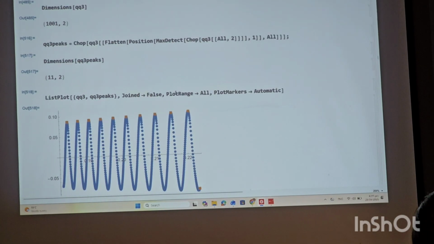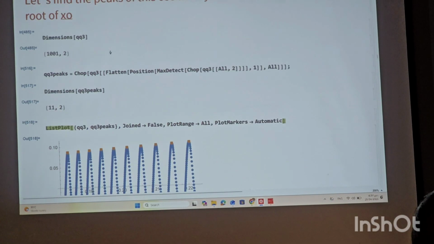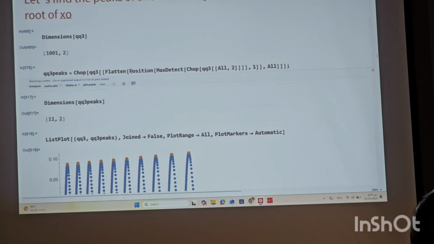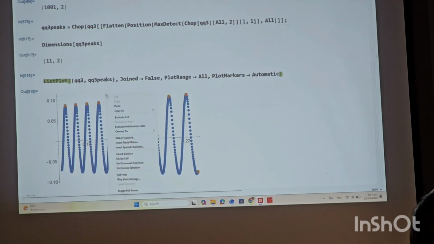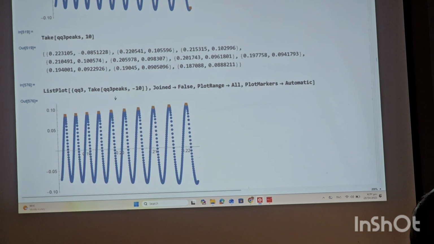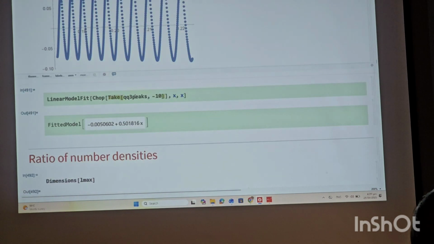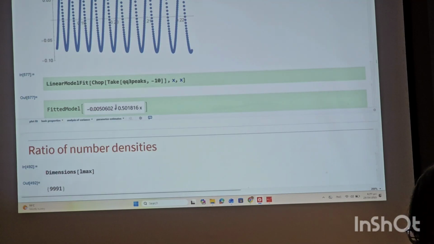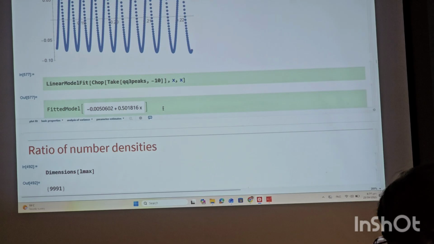I've actually done a more careful job in my code here: I found the peaks, plotted the peaks as well, and fit the peaks, and I find this beta, which is 0.5. So everything now works out.